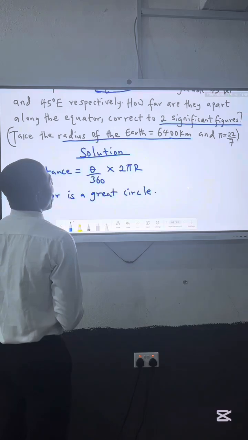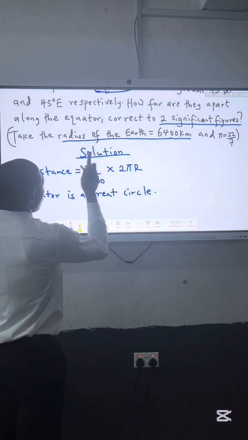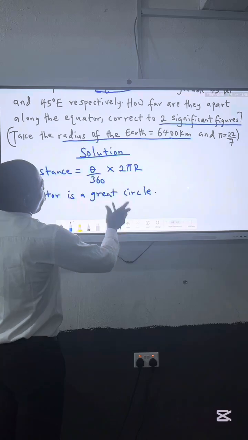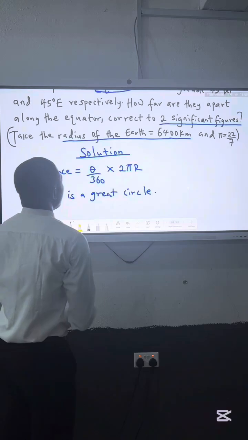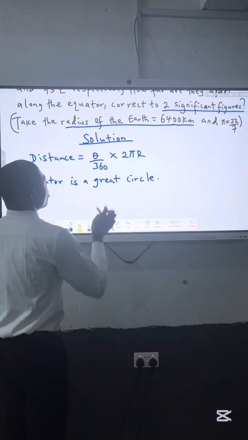Now let's see how we can get all the parameters we have here in order to evaluate this. I said that the equator is a great circle.